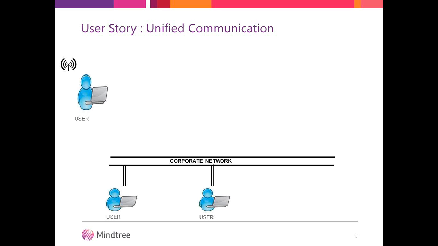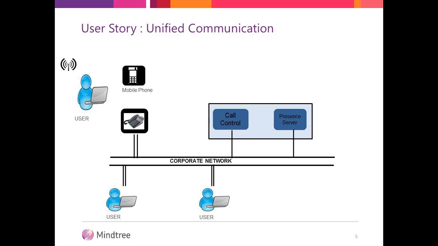Suppose you have a user and he is connected to the corporate network either using Wi-Fi, wireless network, or LAN, and he has one mobile phone and one desk phone. A very normal scenario.